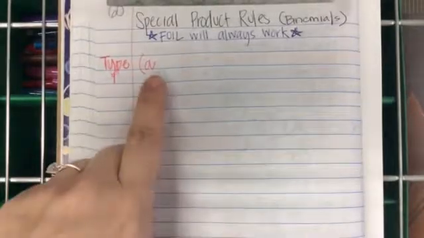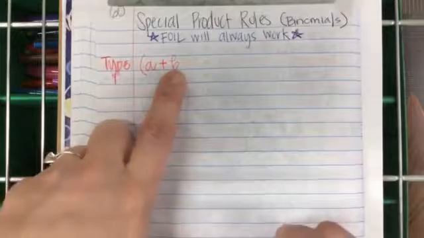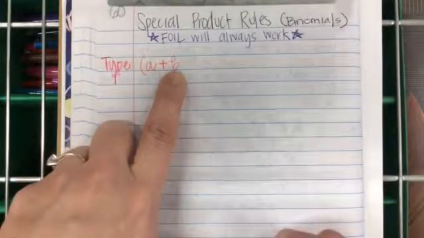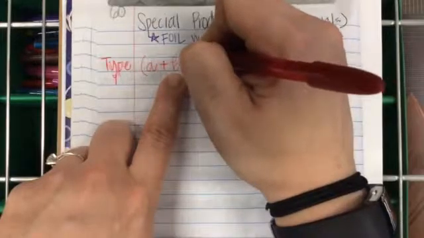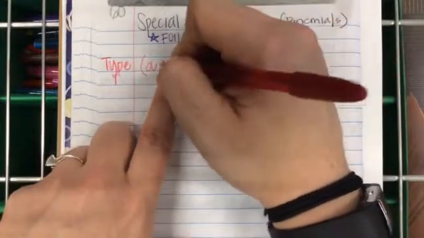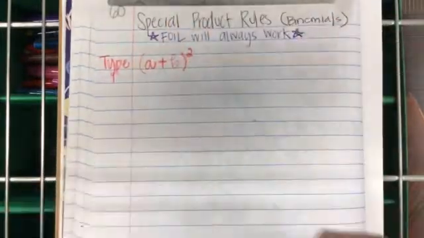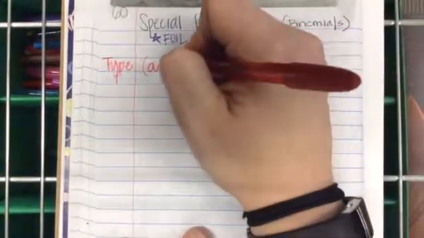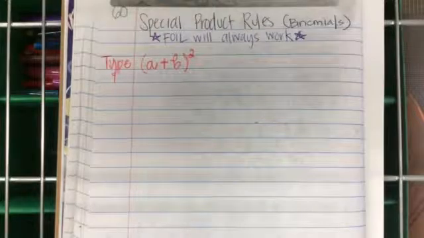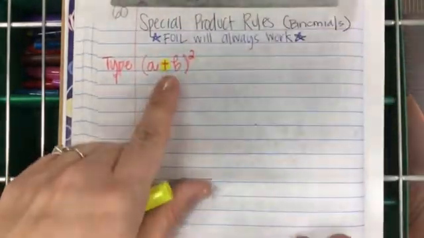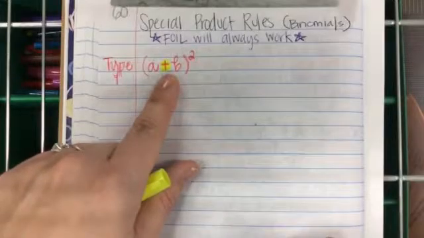Something plus something different, and that binomial squared. So type 1 must be a plus, and it must be squared.